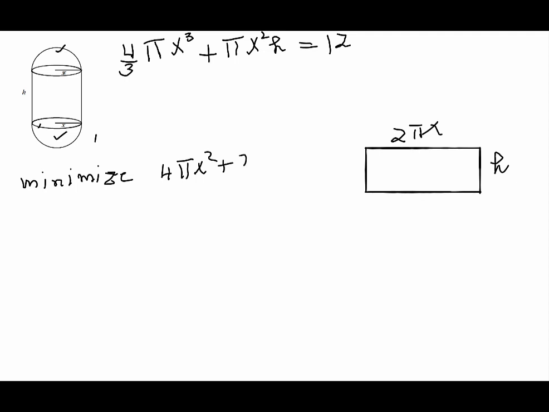So the surface area is 2 pi x h. Now we are given this constraint, so we will solve this for h and substitute that in here.